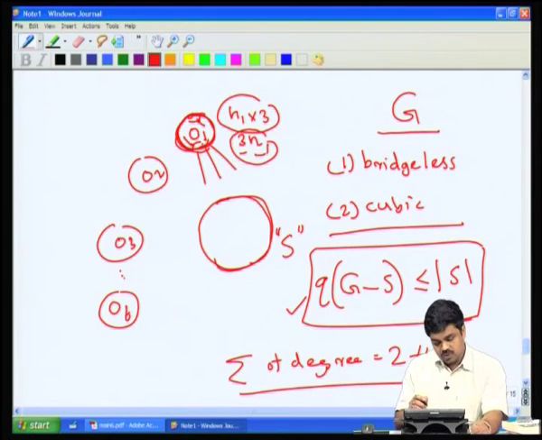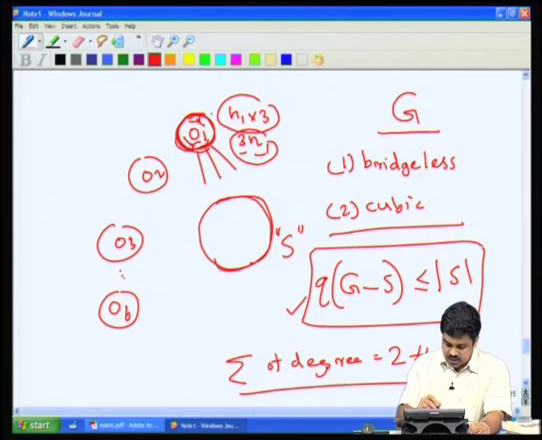Because the total sum of degrees is odd, and inside we can only get an even number, we should get an odd number of edges going out of it, because for each outgoing edge we count 1 here, not 2. Therefore, an odd number of edges has to go out.